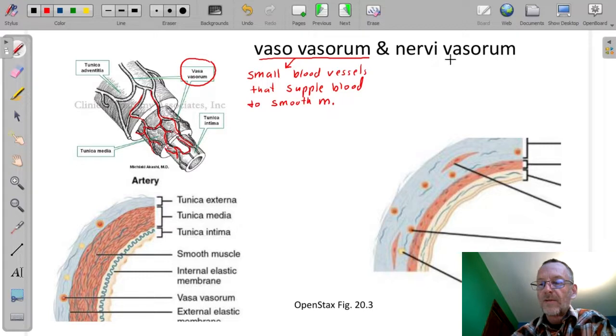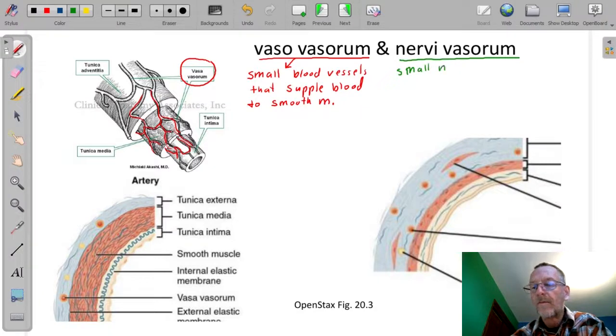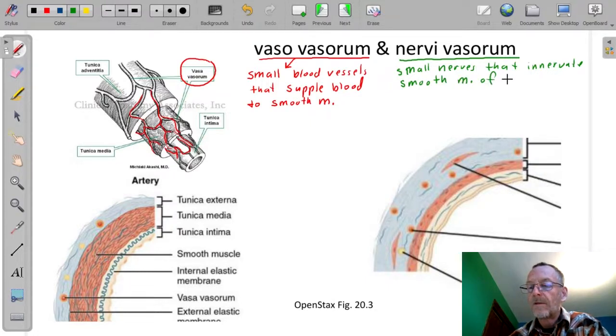The nervi vasorum is a similar idea. These are tiny nerves that innervate the smooth muscle of blood vessel walls.